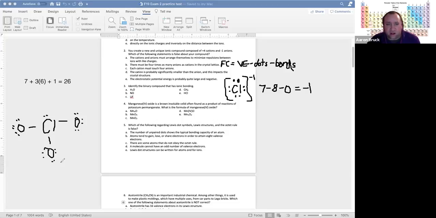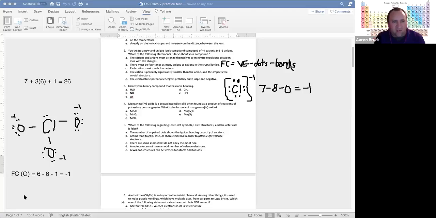If I draw it out like this, I've satisfied the octet rule. I've done the bare minimum. But from a formal charge standpoint, this particular structure leaves a lot to be desired. Because if I evaluate the formal charge on each of the oxygens, I have 6 valence electrons minus 6 dots minus 1 bond. I've got a -1 charge on each one of these oxygens.